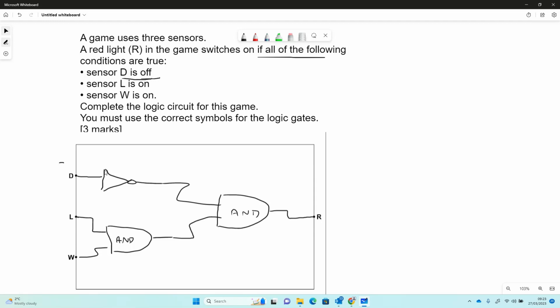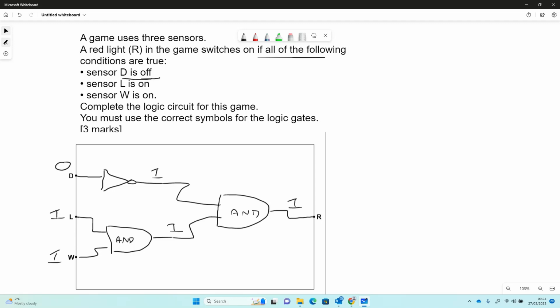So if D is 0 and it's off, then it'll appear as a 1 here. If sensor L is on with a 1 and W is on with a 1, then that will appear as a 1 here. And the AND gate will appear as a 1 there, and the red light will come on.